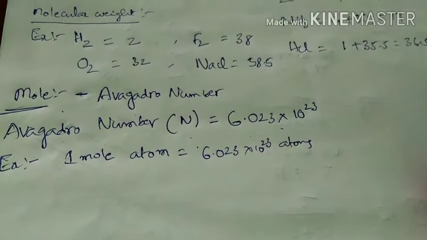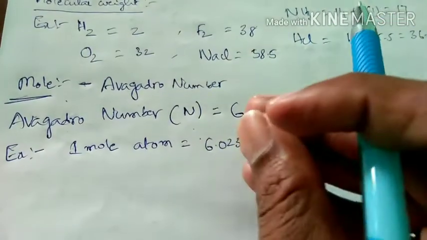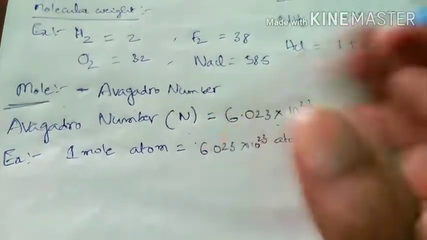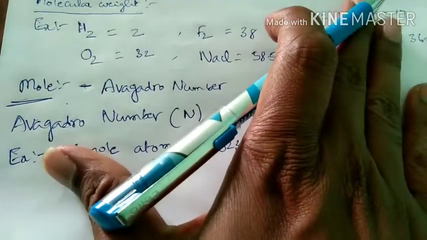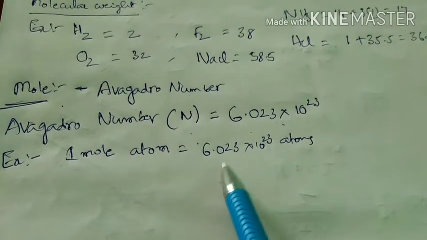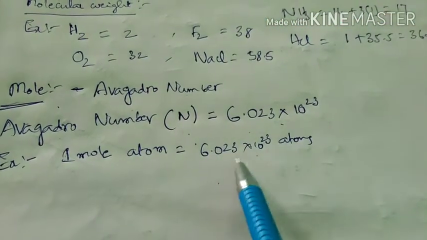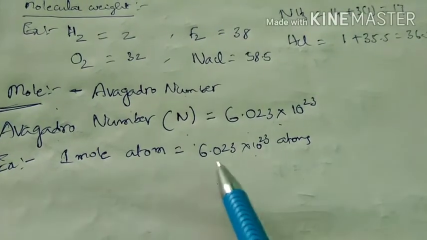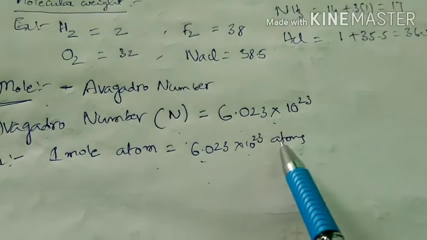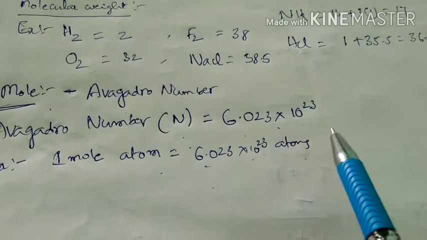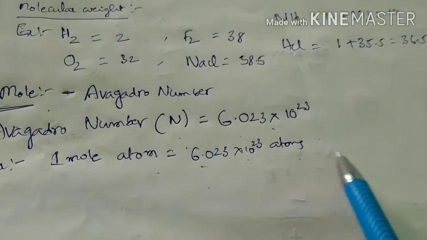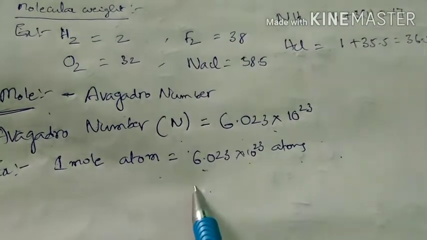That may be 12 apples, 12 guavas, 12 bananas, whatever it is, 12 is called a dozen. Like that, 6.023 into 10 to the power of 23 is called Avogadro number. So Avogadro number of atoms is called 1 mole of atoms. 12 bananas is called 1 dozen bananas. 12 apples is called 1 dozen apples.